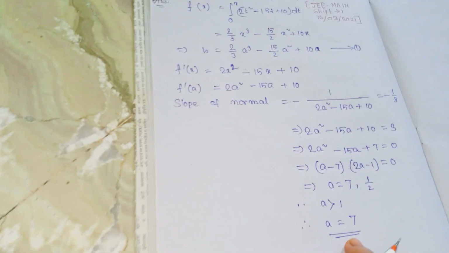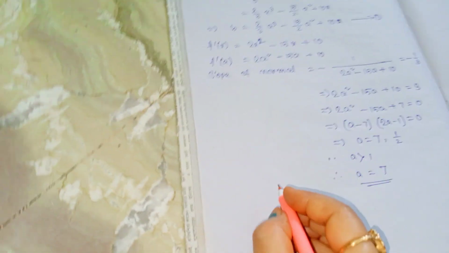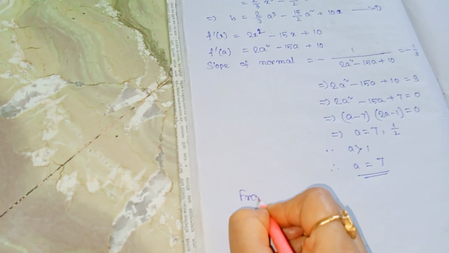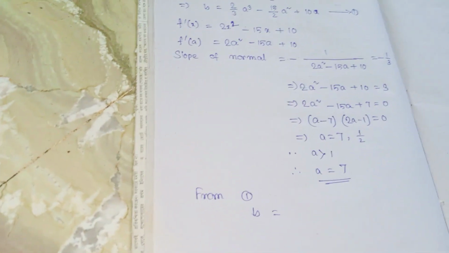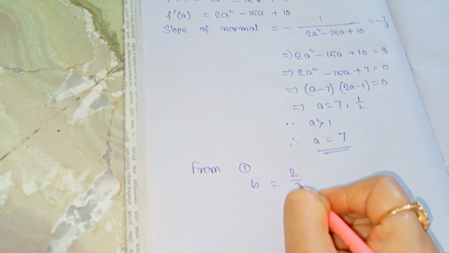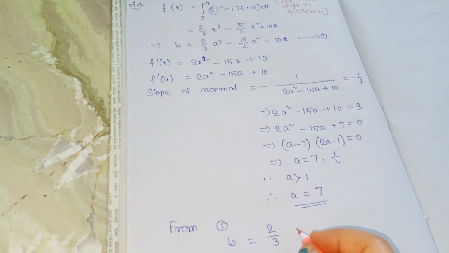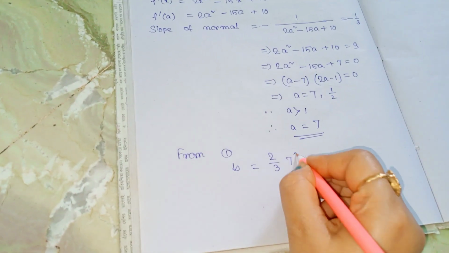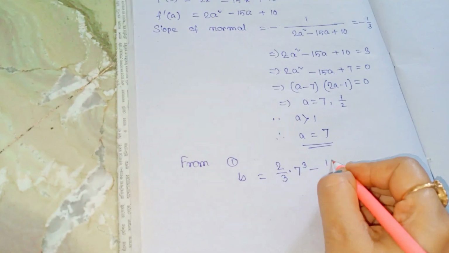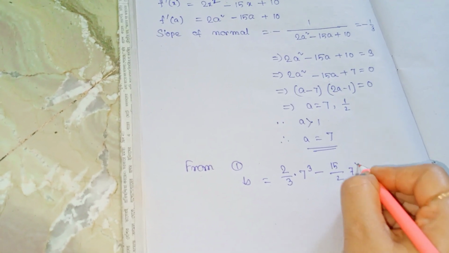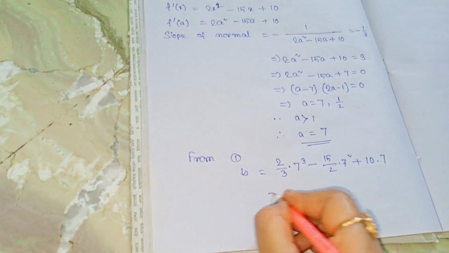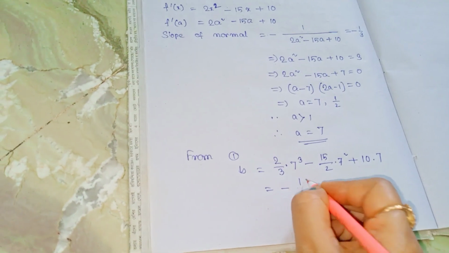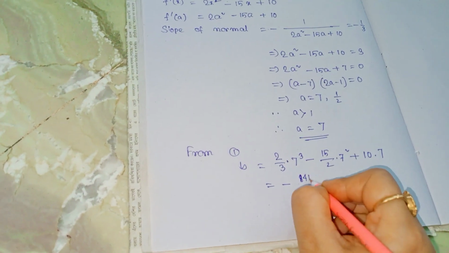So now putting a equal to 7 in equation 1, we get b equal to (2/3) into 7³ minus (15/2) into 7² plus 10 into 7. That is equal to −413/6 after calculating this.